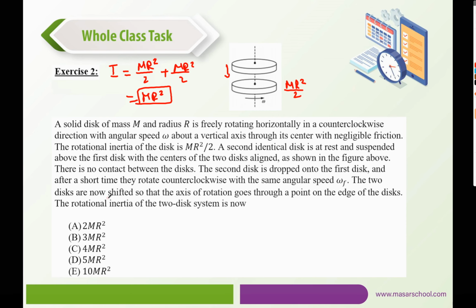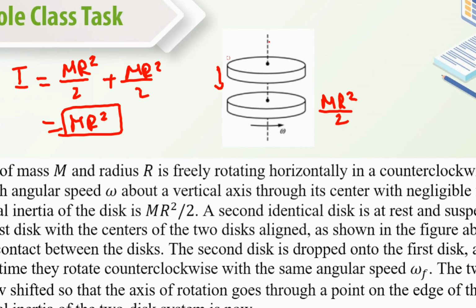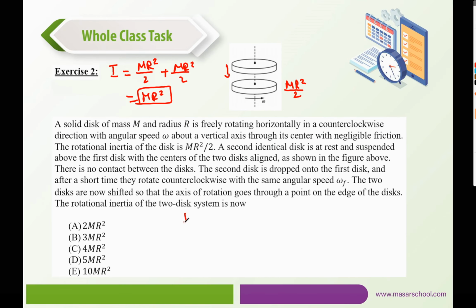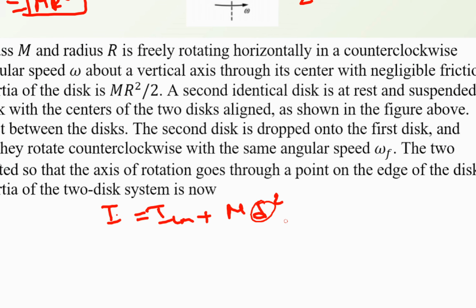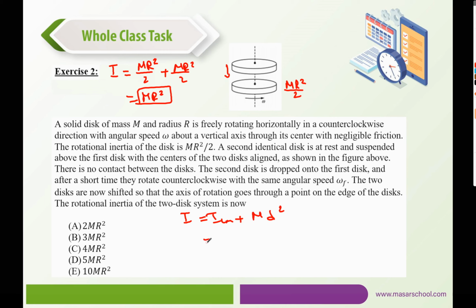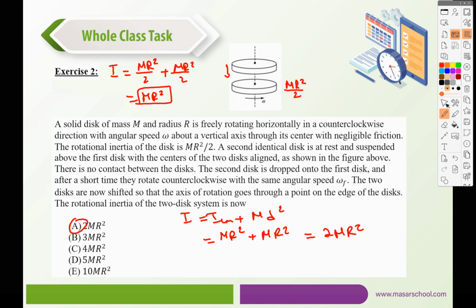The new moment of inertia with respect to the old one can be related via the parallel axis theorem, which is I equals ICM plus md square, where d is the distance shifted, which is basically the radius. So that would be mr square plus mr square, which is 2 mr square, making A the correct answer.